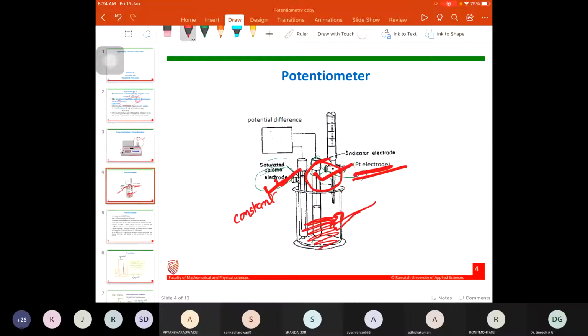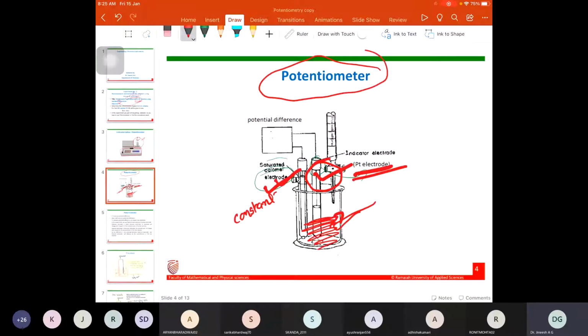Yes, sir. This is clear, right? Now, the name is potentiometer. So we are measuring potential, but there is a problem. Actually, we will not be able to measure potential. Rather, we can measure only potential difference.